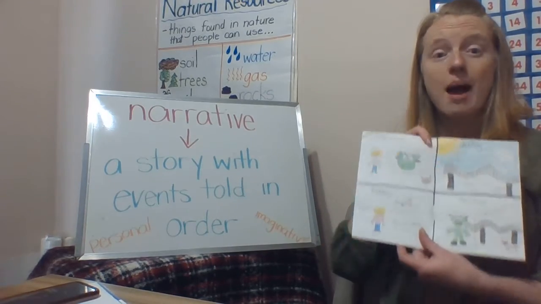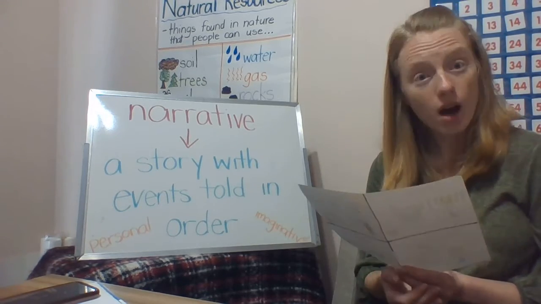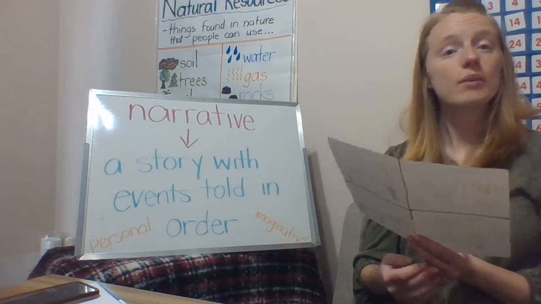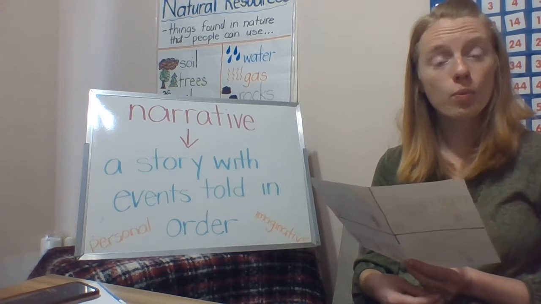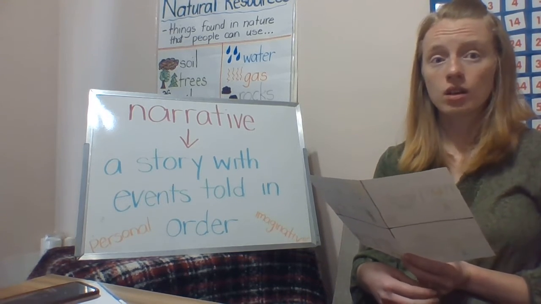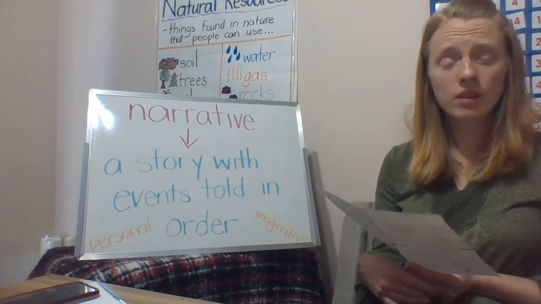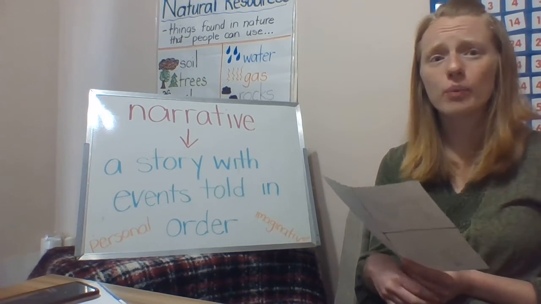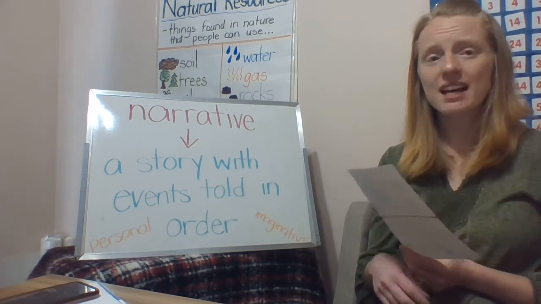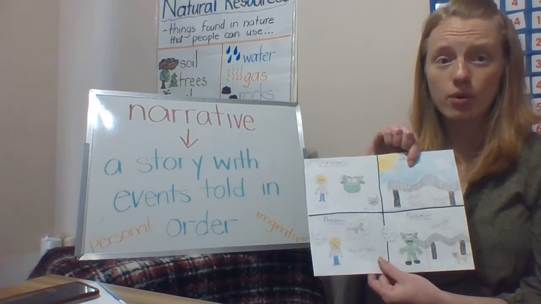So I'm going to start by telling you about my story. Once upon a time, there was a teacher named Miss K. She was at home with her cat when her cat got out the door and ran away. Miss K looked everywhere. She looked all around the neighborhood, and finally she came to a wave bridge in Singapore.